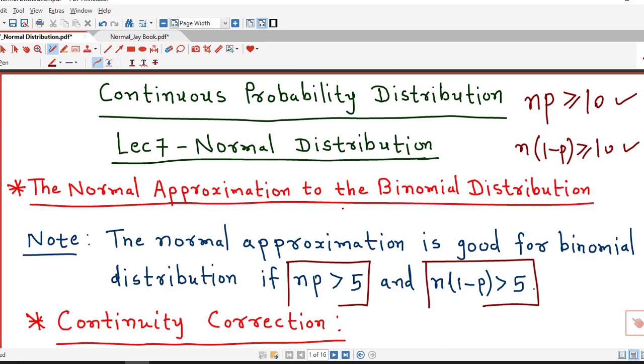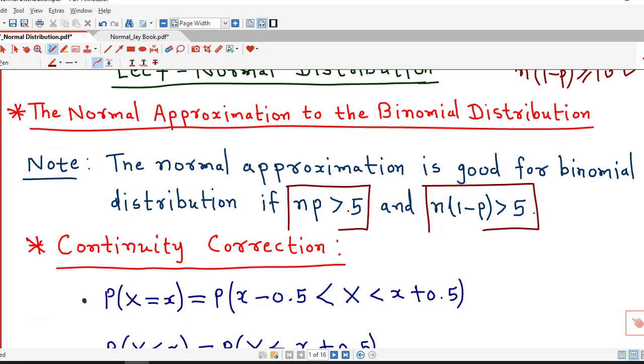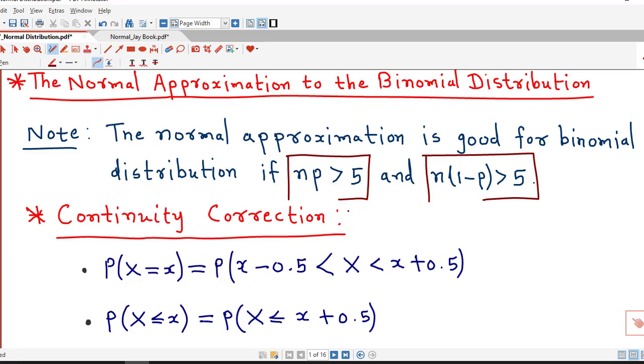Also we discussed in the last lecture that while applying normal approximation to approximate the binomial distribution, we have to take care of continuity correction.